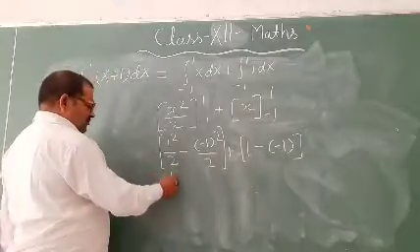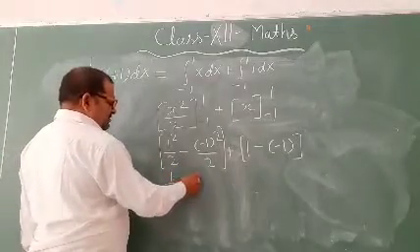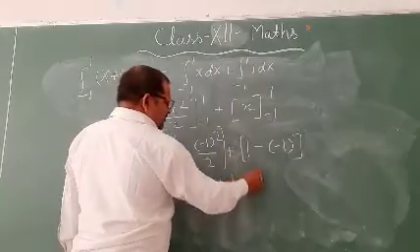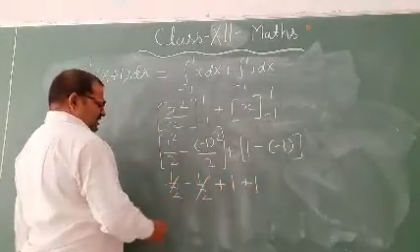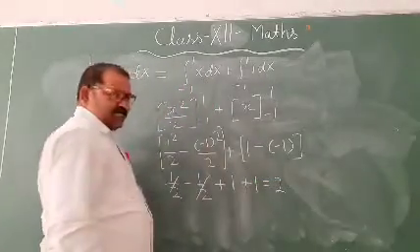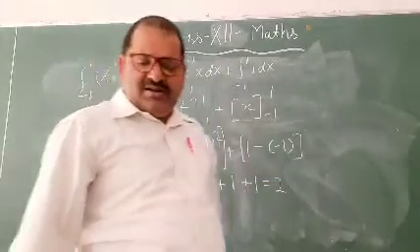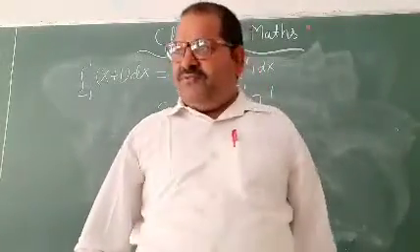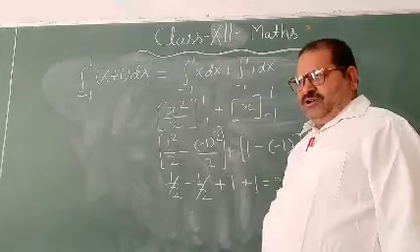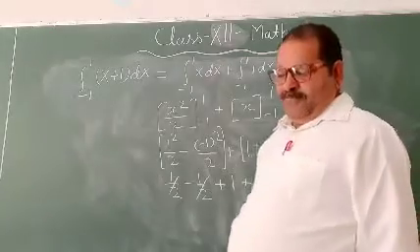Therefore 1 by 2 minus 1 by 2 plus 1 plus 1, that cancels, that's equal to 2. So the result of that definite integral is equal to 2.